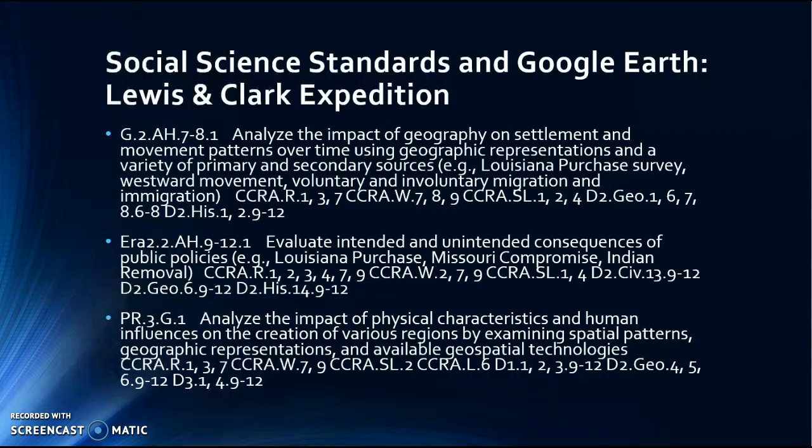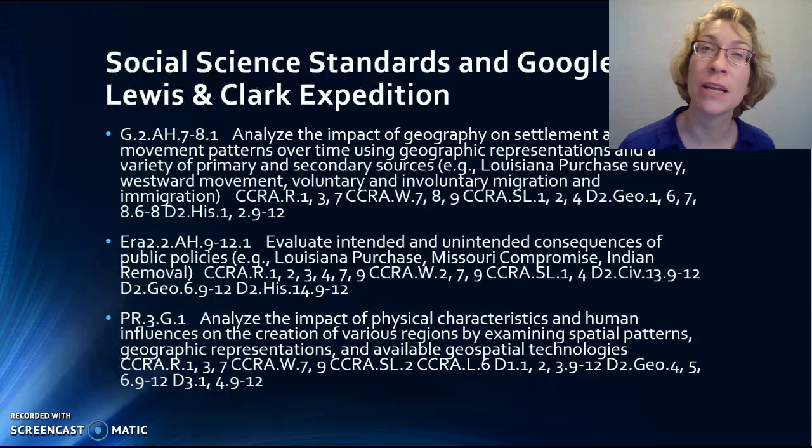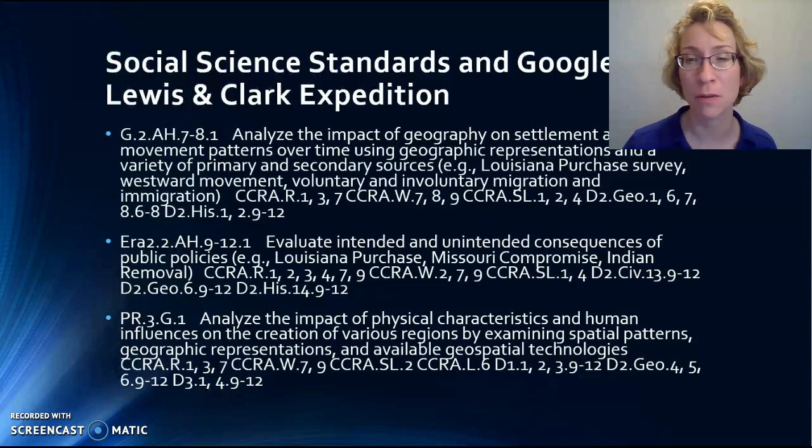Using some primary and secondary resources, we could explore further just what the atmosphere was like there, geographically and socially. To take care of that first standard mentioned, we could bring in some data about the unintended consequences of westward expansion and migration, especially on Native American people.